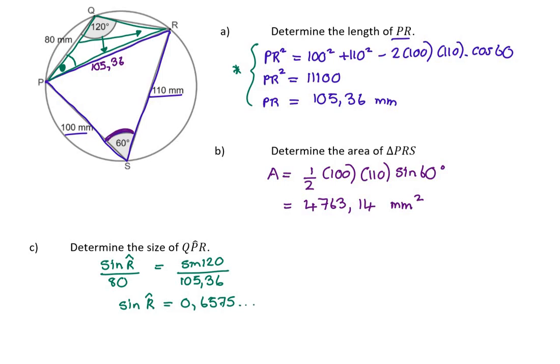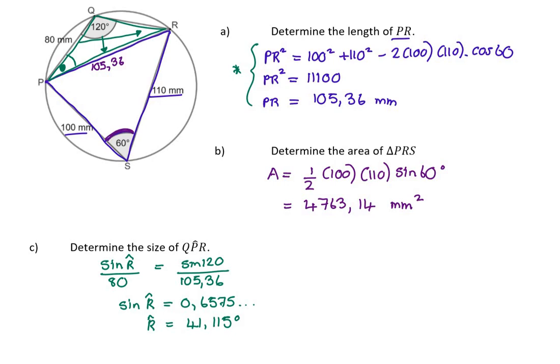Now I use my answer button, so I would go shift sine of answer so that I don't have to worry about all the decimals. So I get angle R is 41,115 degrees. It doesn't really matter if I round off here because all I'm going to do is sum of angles in a triangle, and so the rounding won't be affected in the future.